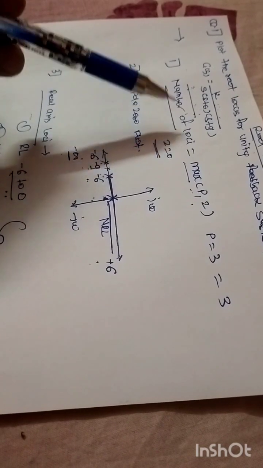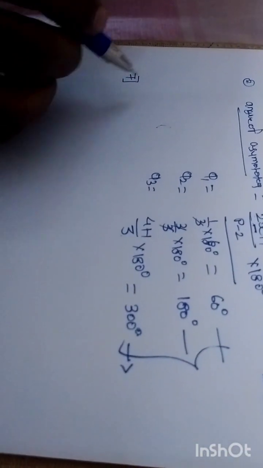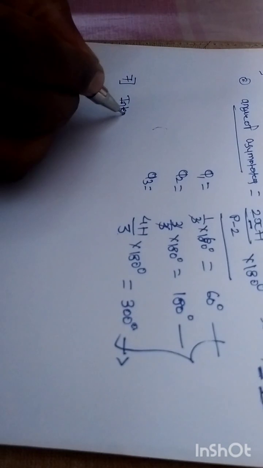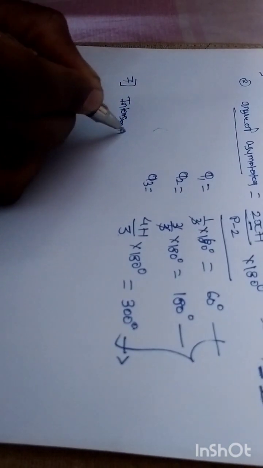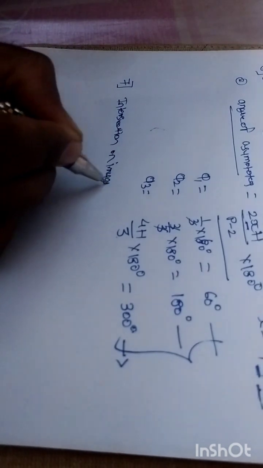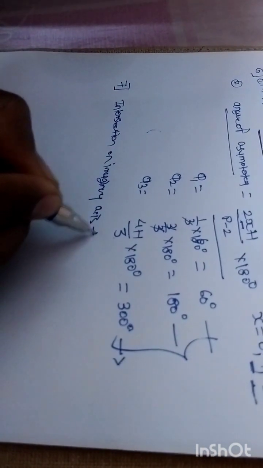That's why the angle of departure step is skipped in this example. It is taken into account whenever we have imaginary poles. So obviously the last step will be the intersection on the imaginary axis, the last step in this root locus example.